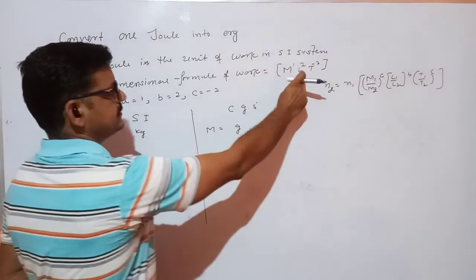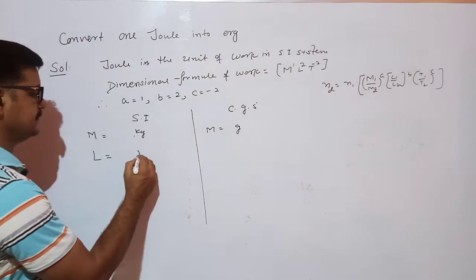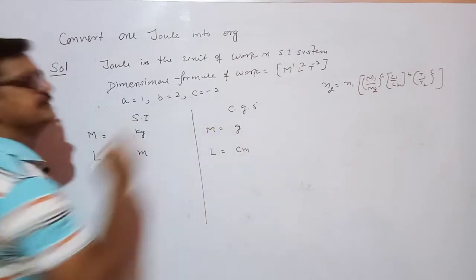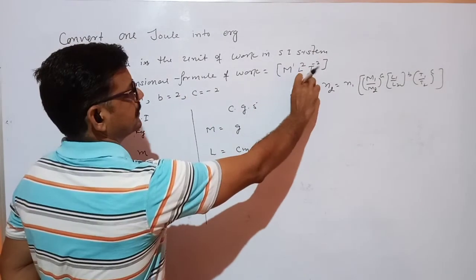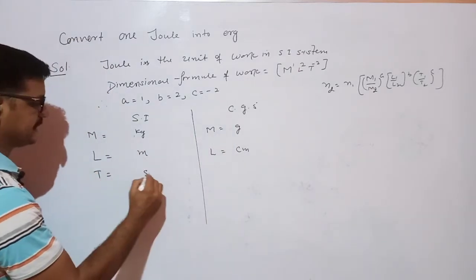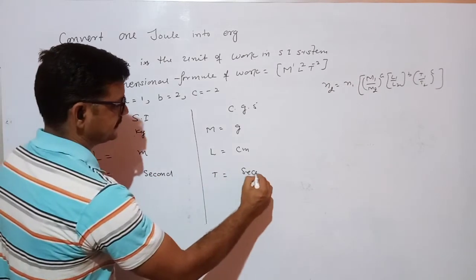Another is length. Length in the SI system is measured in meter and here length is measured in centimeter. And the third fundamental unit is time, and time here is measured in second and here also in second.